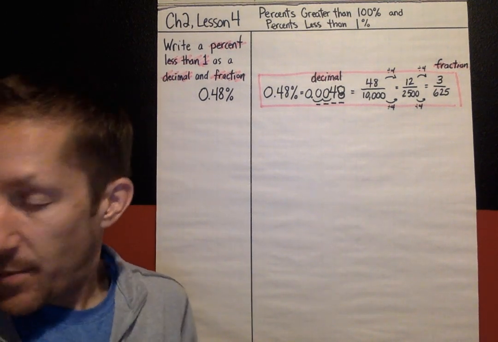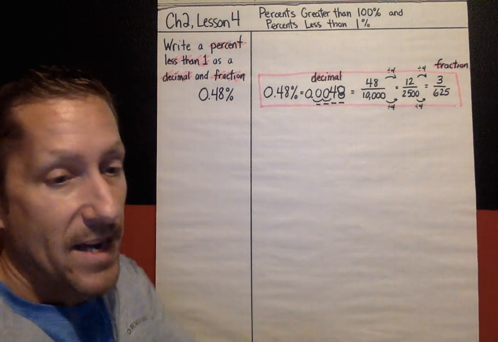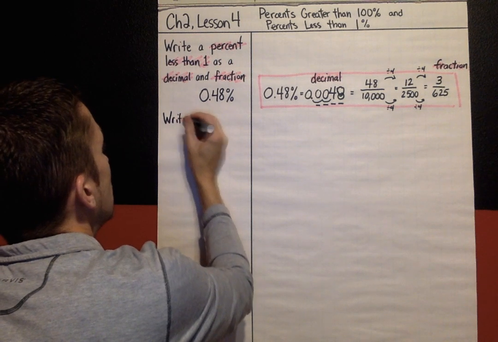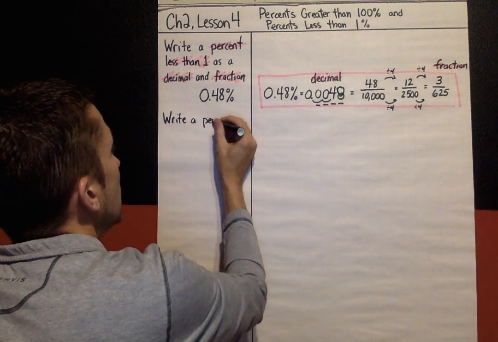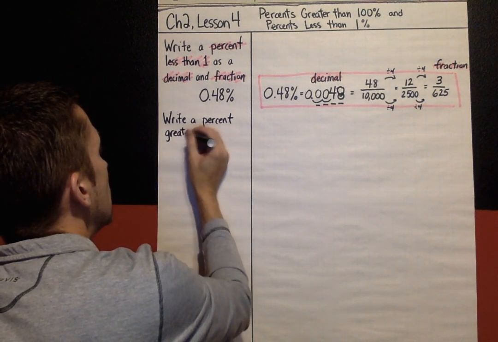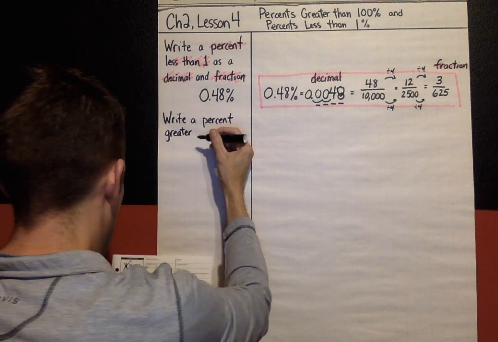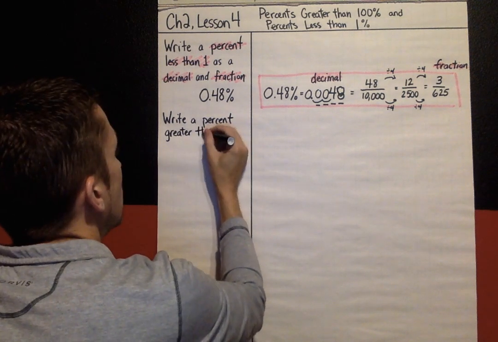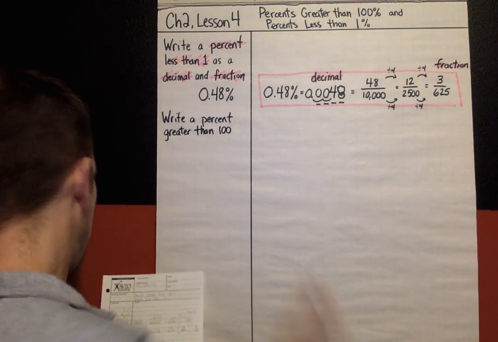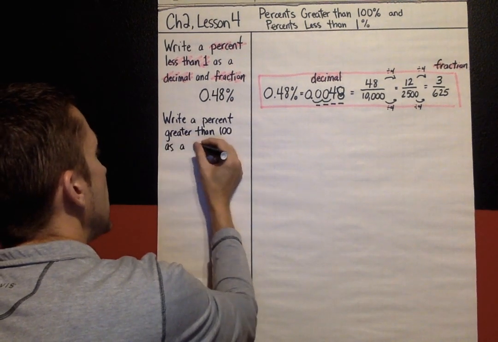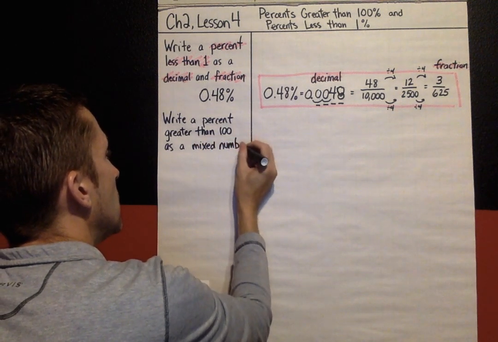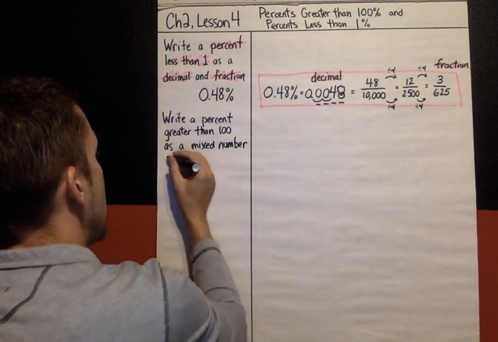The next type of problem we are going to do is write a percent greater than 100 as a mixed number and a decimal.